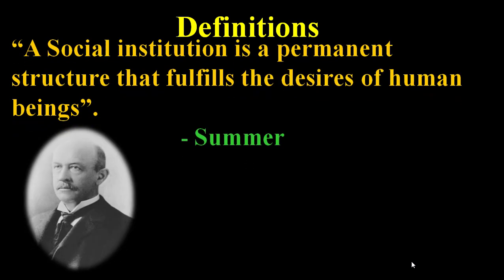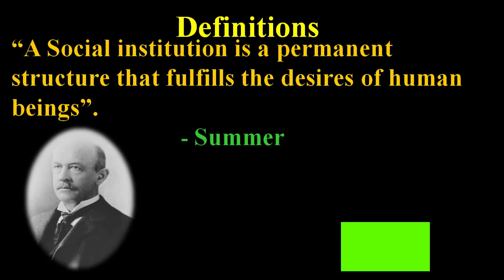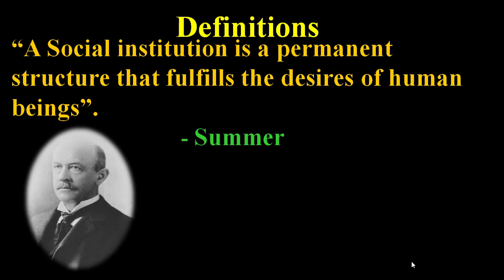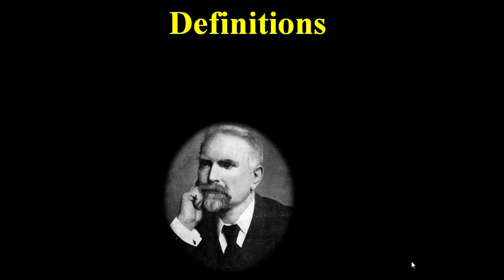Sumner also gives one more definition: a social institution is a permanent structure that fulfills the desires of human beings. That is according to Sumner.